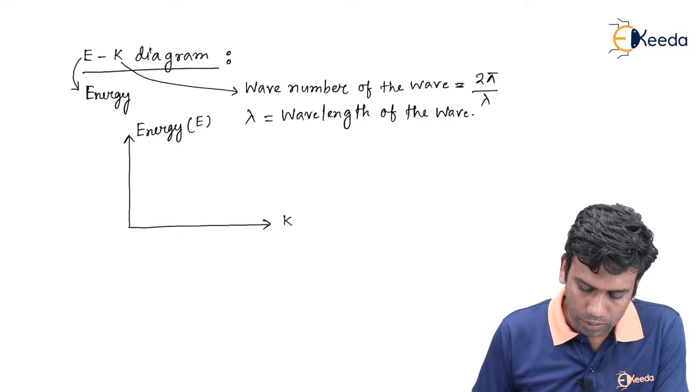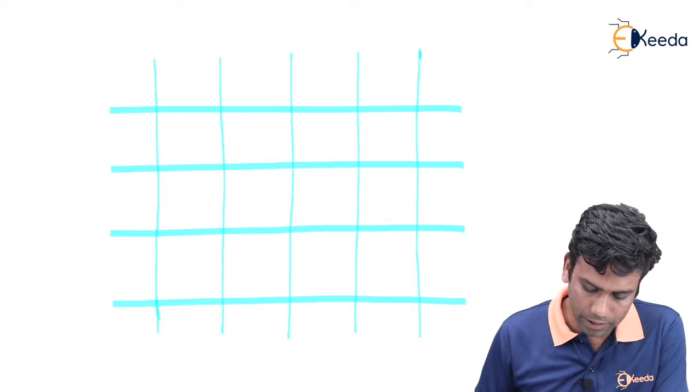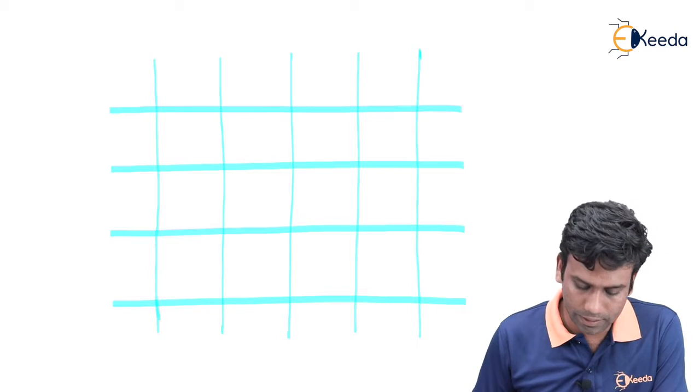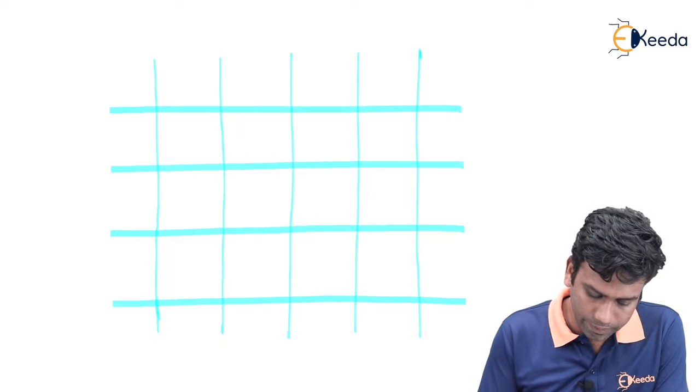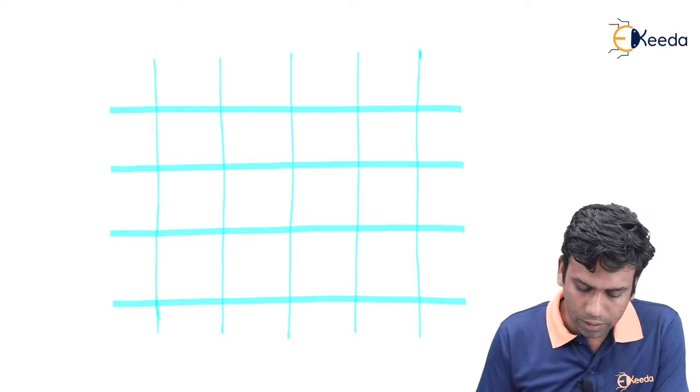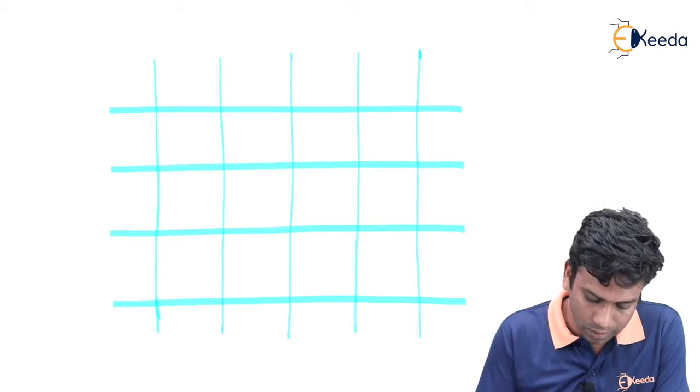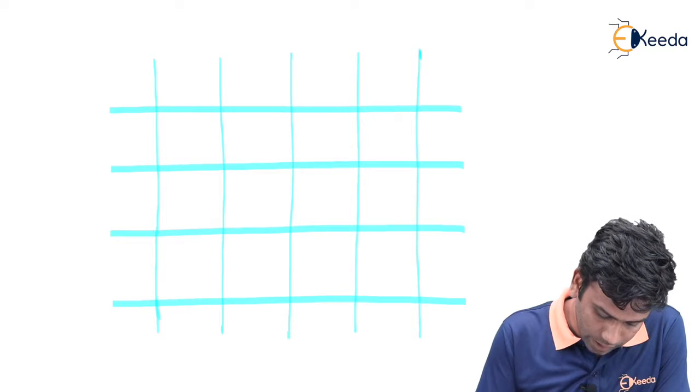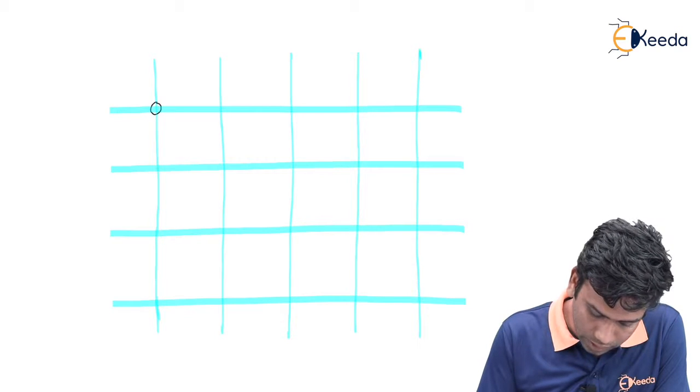The bond model of the semiconductor looks like this, where at every cross point between these lines we will have a silicon. So let us take, this is one silicon, this is another silicon.